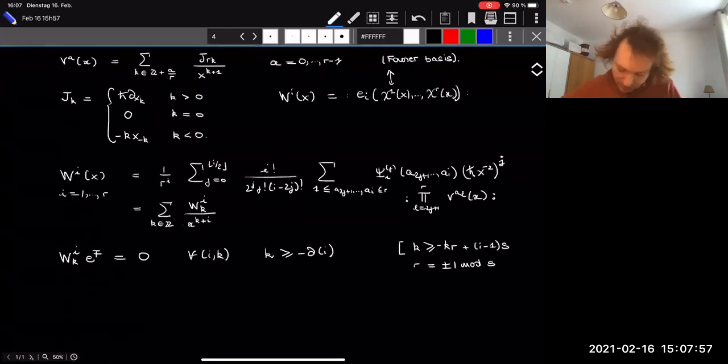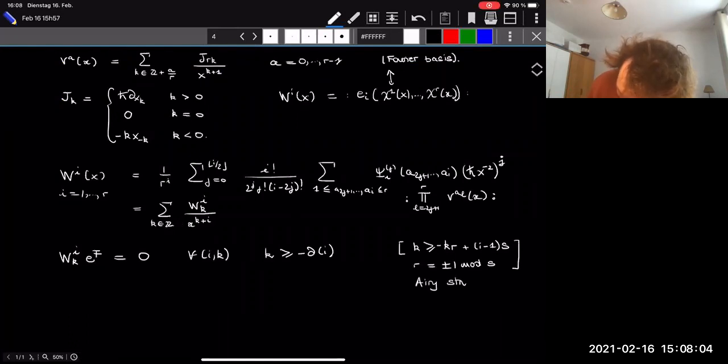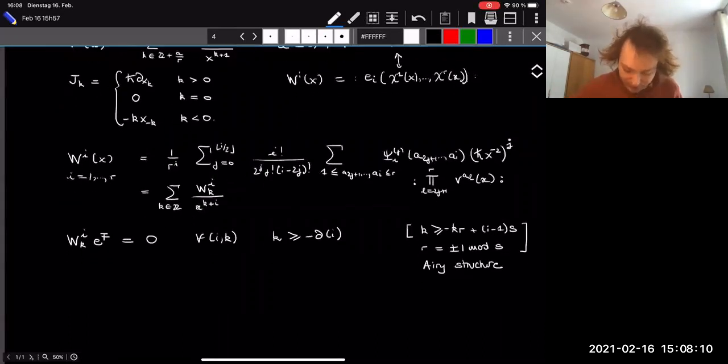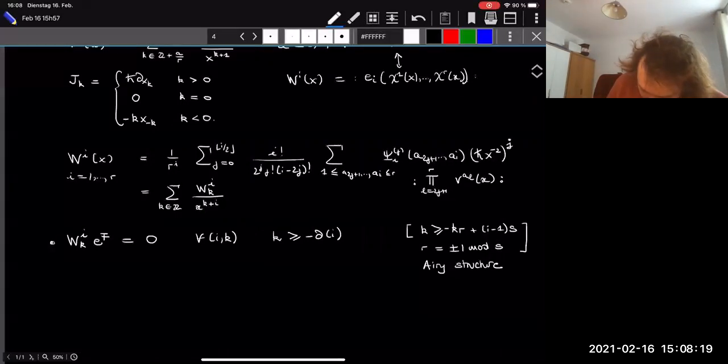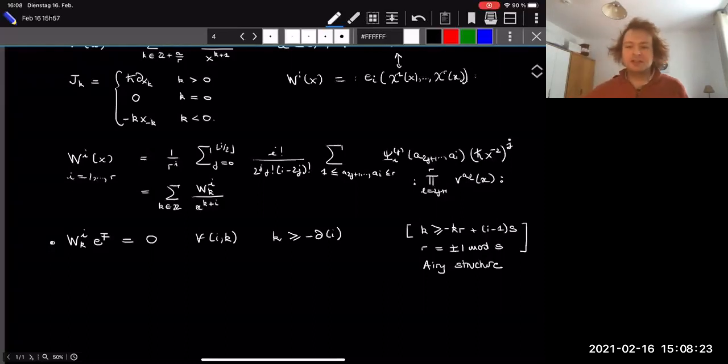So I'm just repeating what we had last time. We were successful in constructing Airy structures only when we were selecting exactly those modes. But what I'm going to say for the moment is you can just ignore Airy structures, all these conditions. Just imagine that you have this collection of equations and we want to translate it into some identities, some constraints for correlation differentials living on a spectral curve.